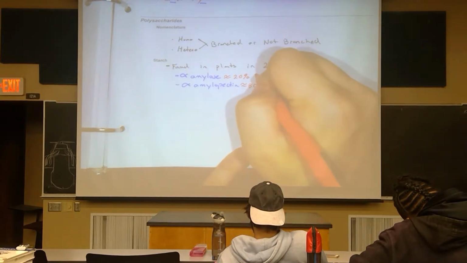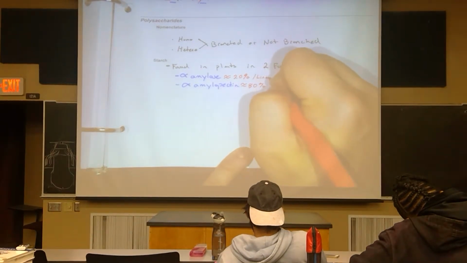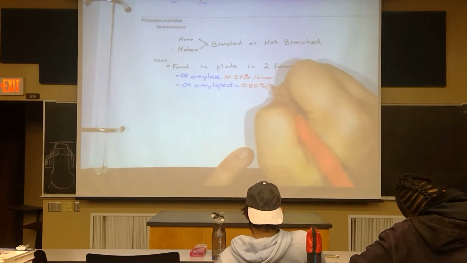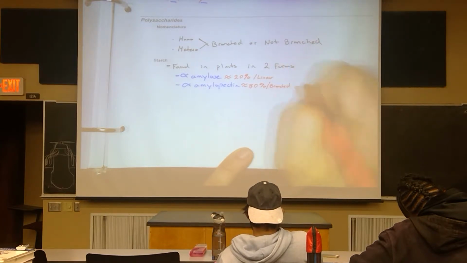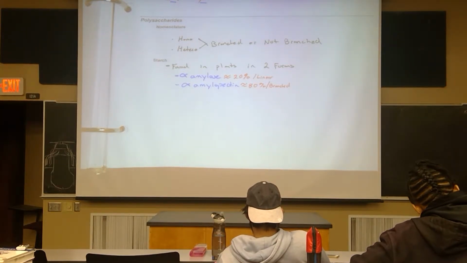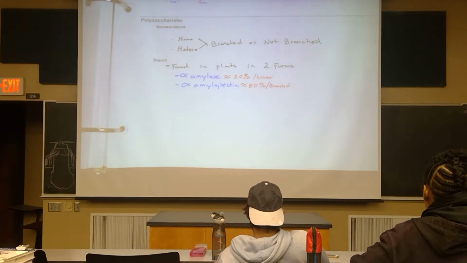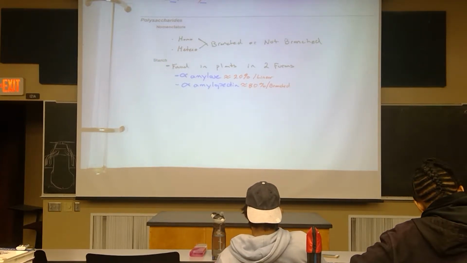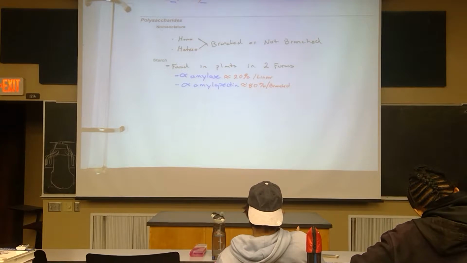Amylose is linear. Amylopectin is branched. When I say linear, I mean not branched. I guess I should have said branched and not branched. That probably would have been better. Alpha amylose is not branched. Amylopectin is branched.